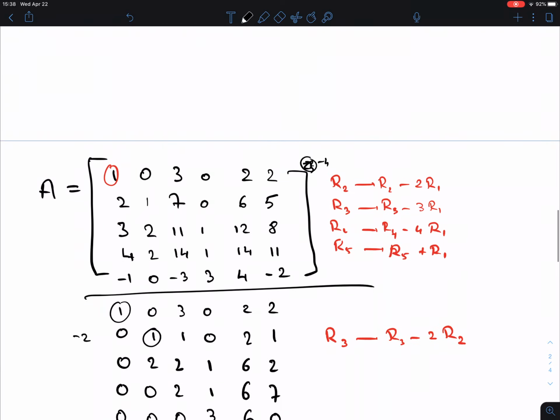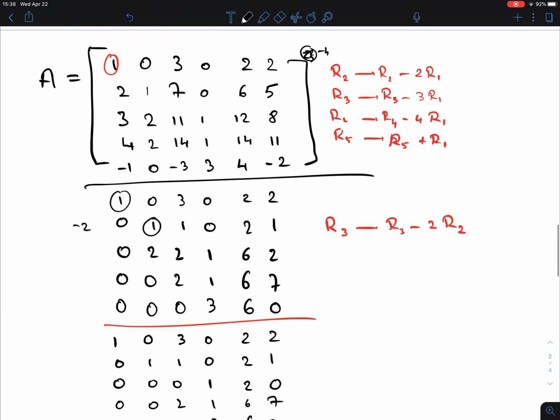I have the feeling that I made a mistake somewhere. Let me see, did I do this right here in row 4? I have to multiply with negative 4, so that was a 0, that's a 0. Then I had to do negative 4 and add it to here. That was 0, 2, 2.